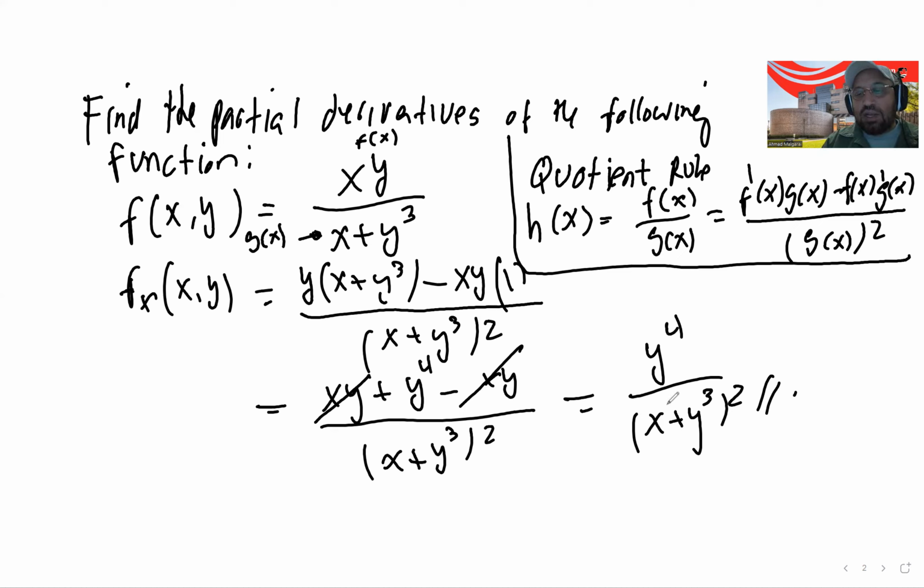So when you take the partial derivative of this function with respect to x, this is your solution. Now we're going to repeat the same thing, but this time we're going to hold x constant, and we take the derivative of this function with respect to y. So to do that, again, f sub y of x and y, and then I'm going to write the function right here: xy divided by x plus y to the power of 3.